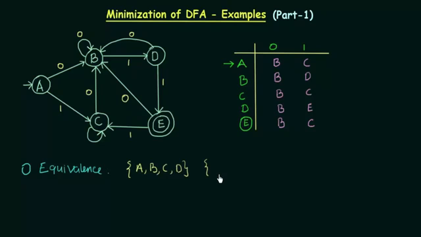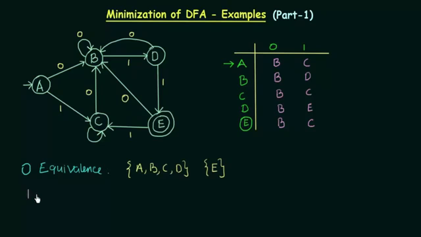Here I have only one final state, that is E. So this is the first step of writing the 0 equivalence. It is very easy: just write the non-final states as one set and the final states as another set. Okay, so that's it about 0 equivalence.